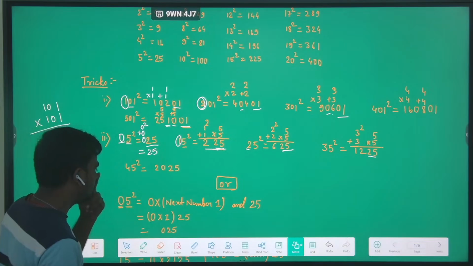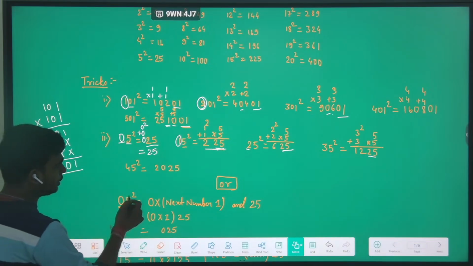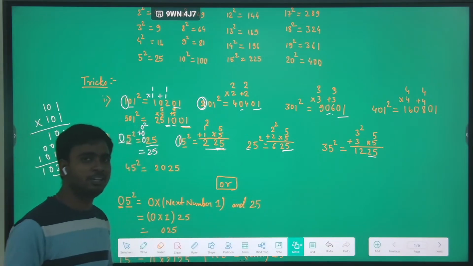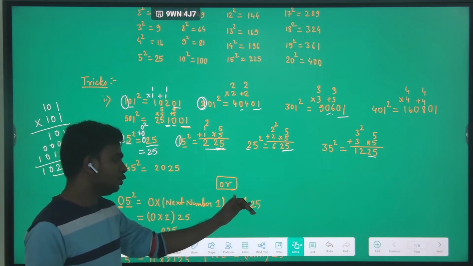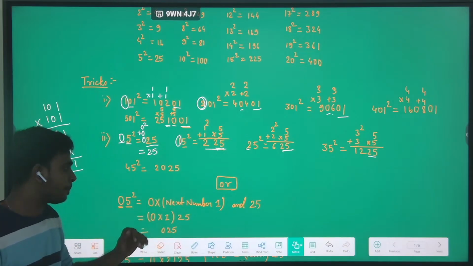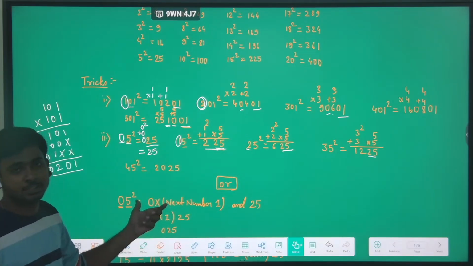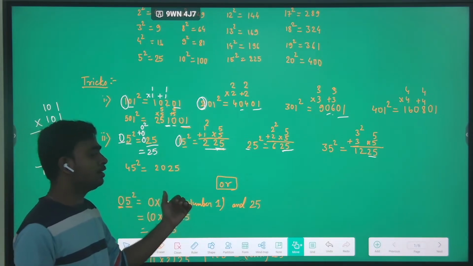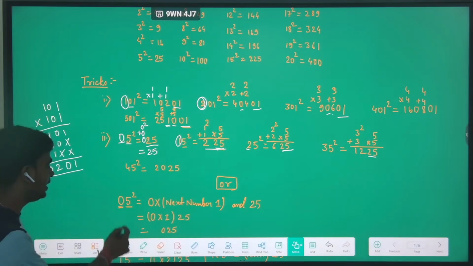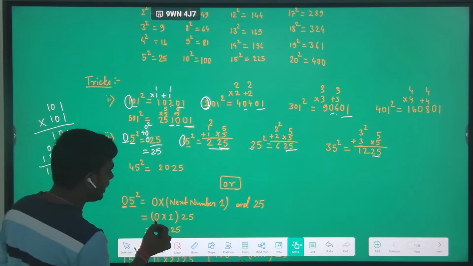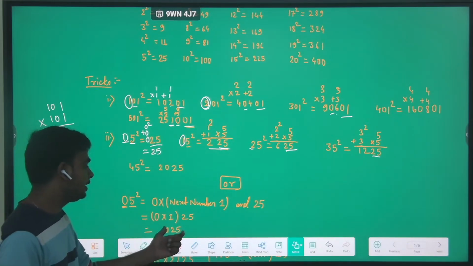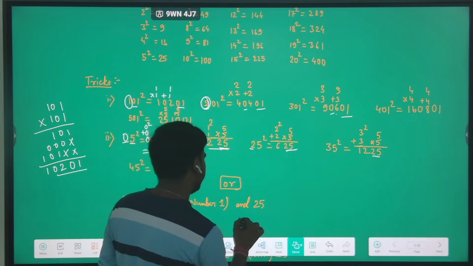For this type of number, for 5 square, this 25 is fixed. 25 will be in the unit digit and tens digit. But for the first part, we will multiply this number with the number next to it. For example, here it is 0, so we will multiply 0 with 1. 0 into 1 is 0, we will get 0 to 5, so it is 25.